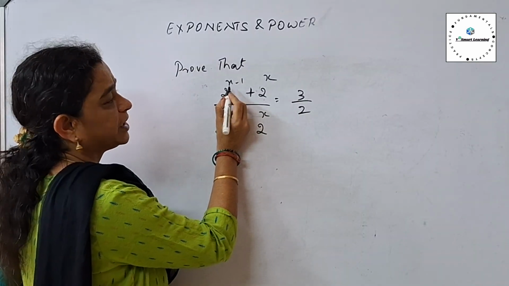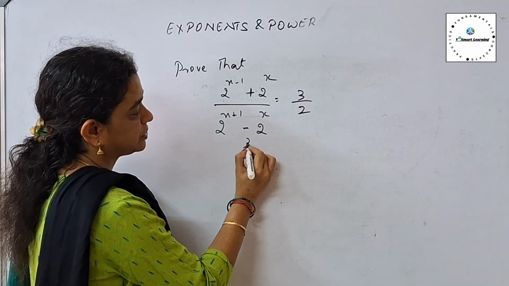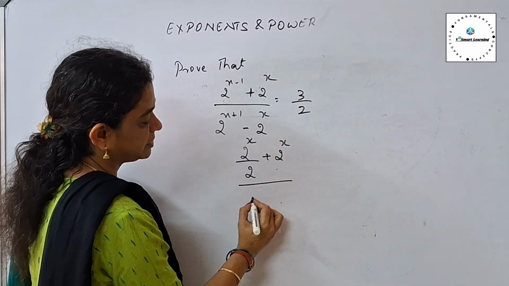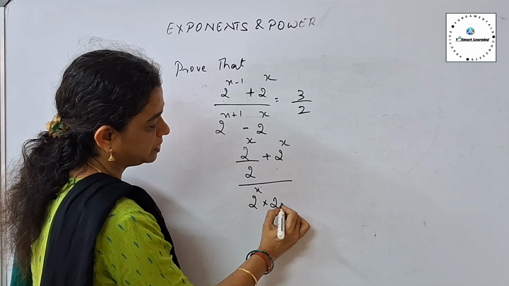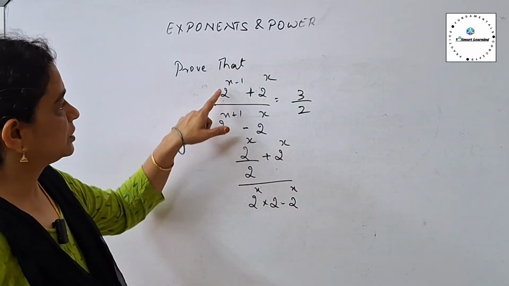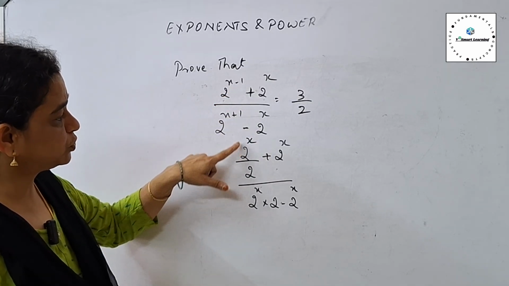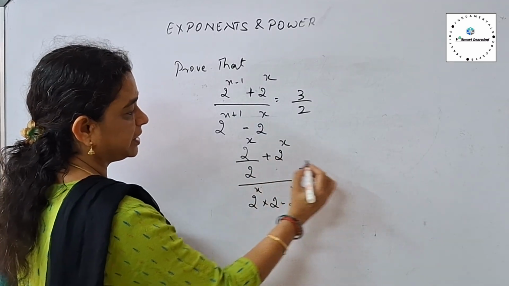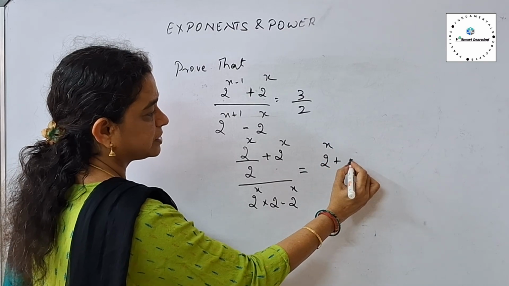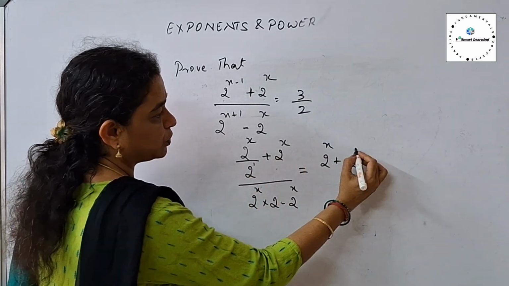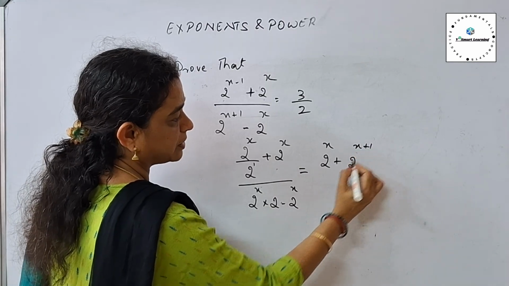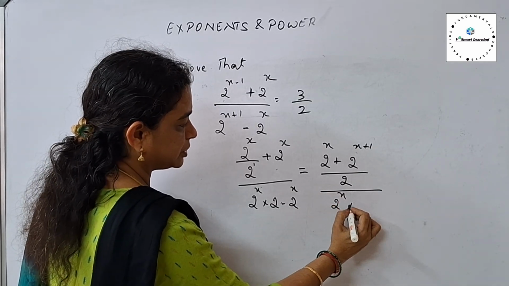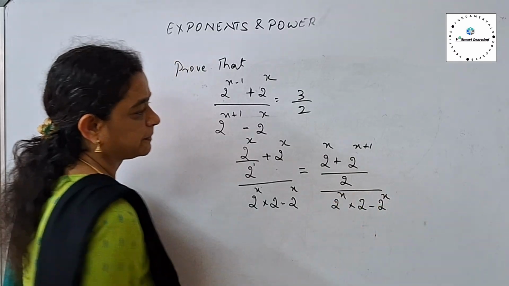You know that 2^(x minus 1) is 2^x by 2, so the numerator is 2^x by 2 plus 2^x. I take the LCM: (2^x plus 2^x into 2) by 2, divided by 2^x into 2 minus 2^x.